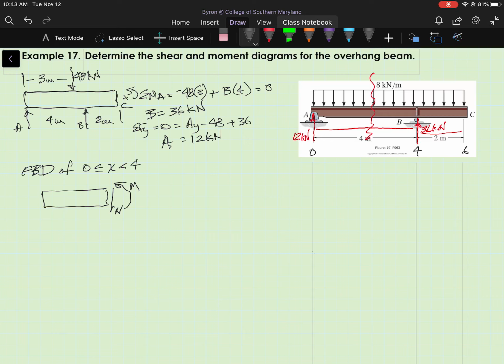I have a 12 kilonewton force at A, and my distance to the cut is x.